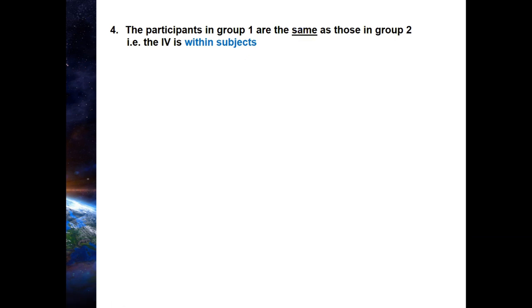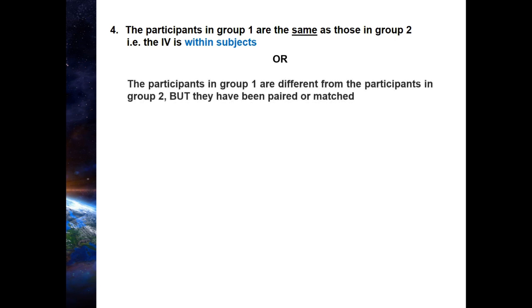Now, you learned that in the SPSS lab on t-tests. But now I'm going to throw in one other little yes, but. It is possible for you to have different people in group 1 and 2, and it could still be a dependent t-test.